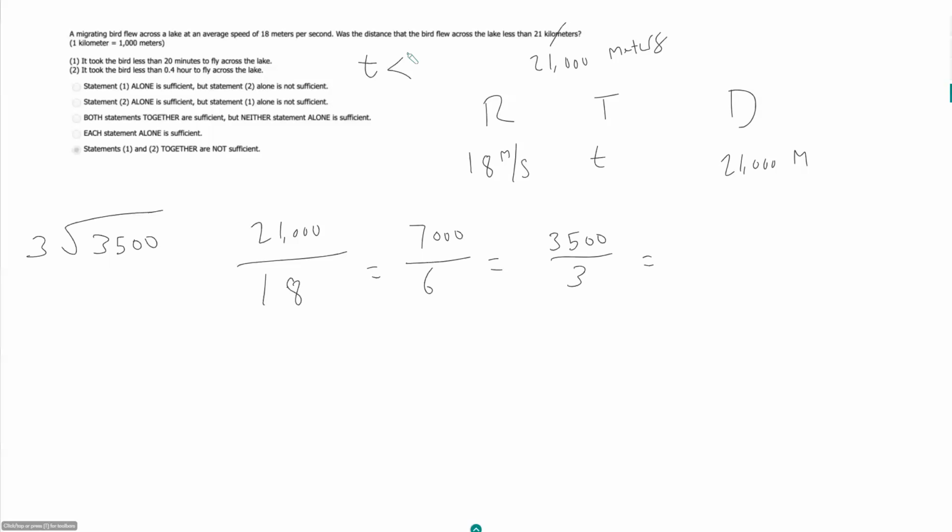Three goes into 35 11 times. 3 goes into 26 times. And we got another 6. So this is 1166 point something.